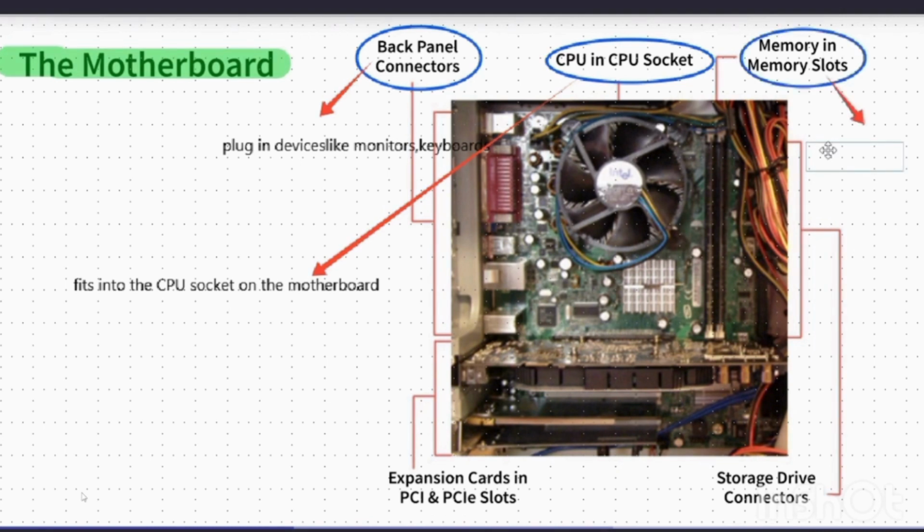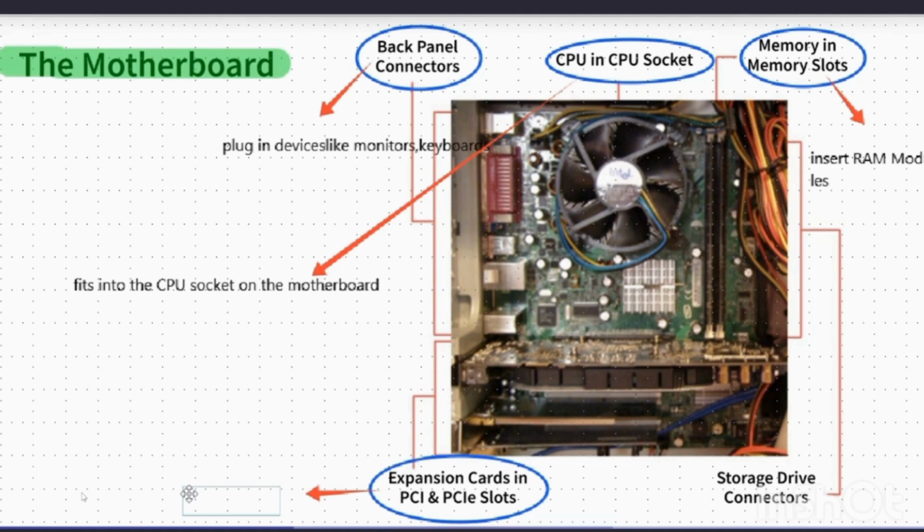Memory in memory slots. Memory slots are where you insert RAM modules. These are essential for the computer's short-term memory, enabling it to store and access data quickly while the system is running. Expansion cards in PCI and PCIe slots.